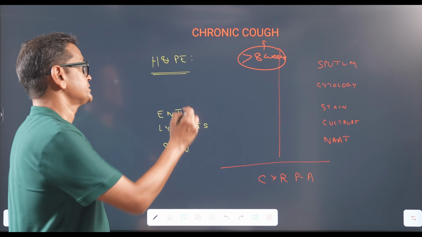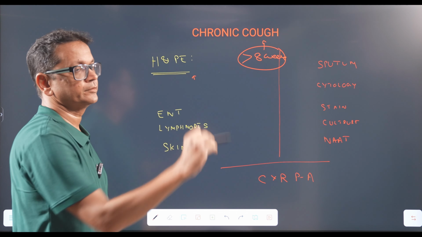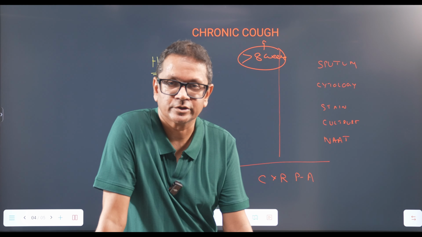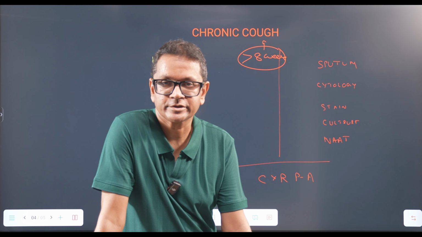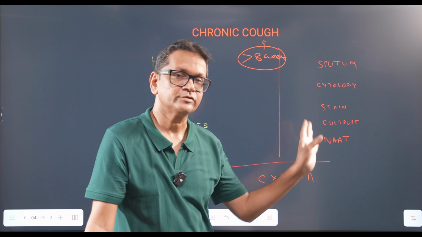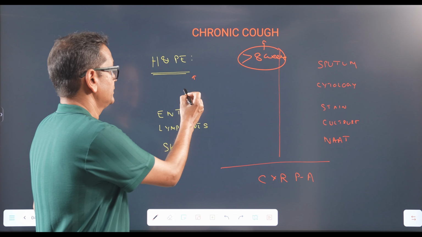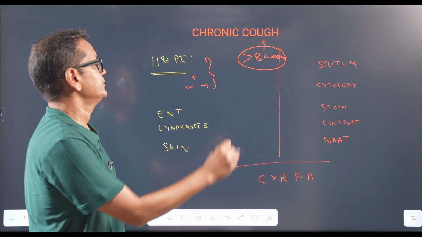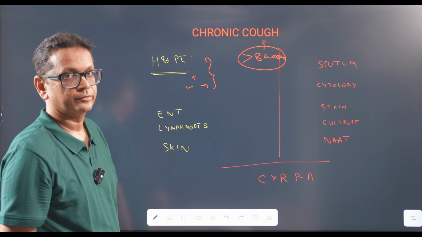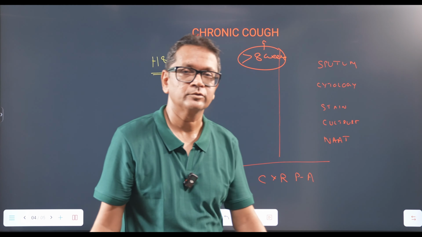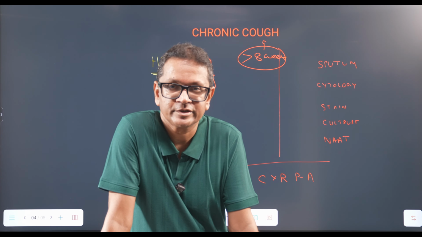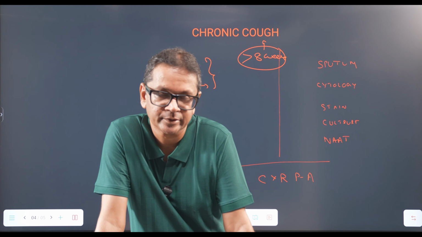So is there any history of fever, cold, nasal discharge, any skin rash, those kinds of things you have to ask. And also a succinct, that means thorough, physical examination you have to do. Of course, you are going to auscultate the lungs, but the respiratory system deserves much more attention than that.